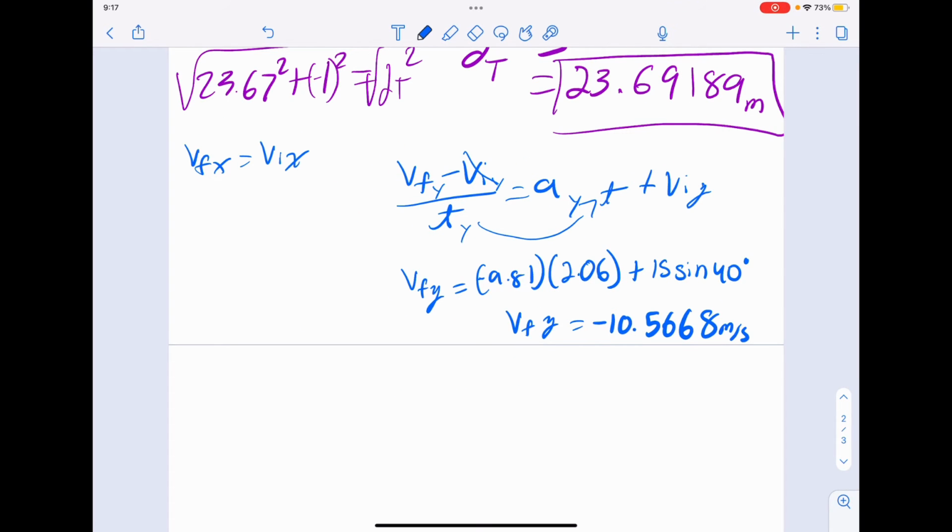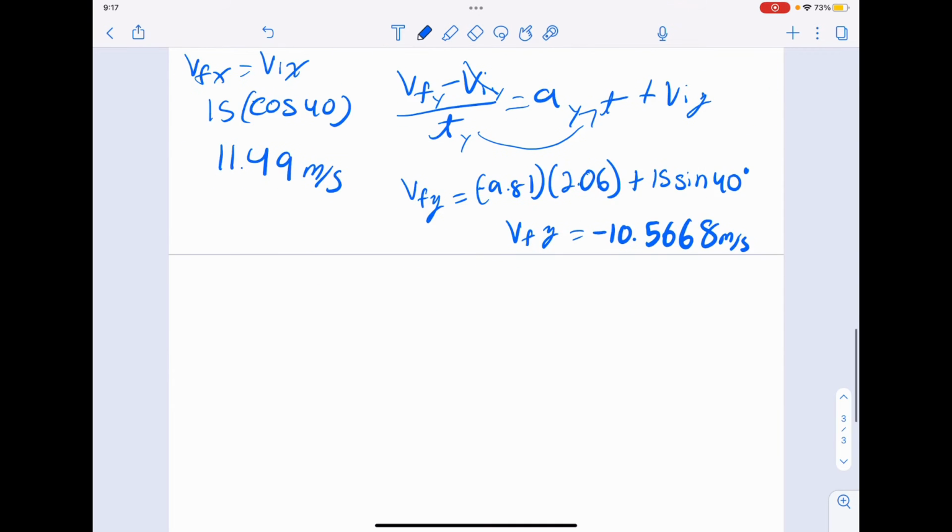Our V initial in the x was cosine 40 times 15, right? So that is going to be 15 cosine 40. We're going to have 11.49 meters per second in the x.